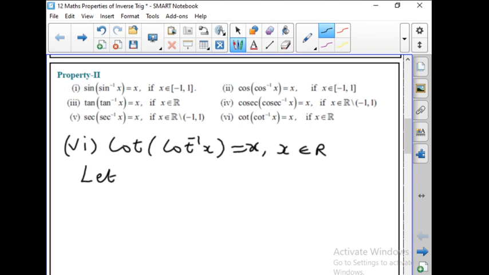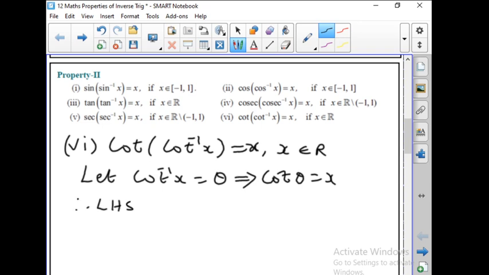So let cot inverse of x be equal to theta. From this, what do you get? Cot theta is equal to x. Therefore, what about the left hand side? Left hand side is equal to cot of cot inverse of x.